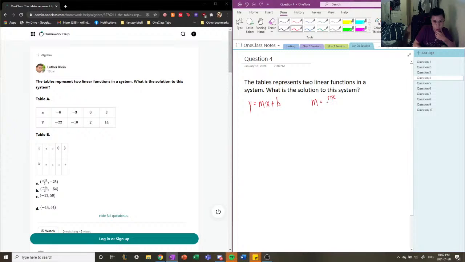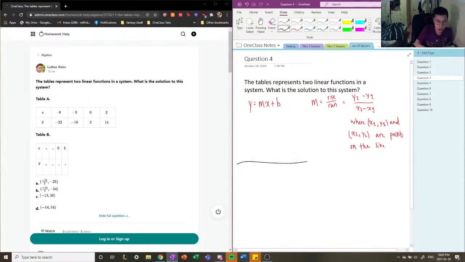That can also be equated to y2 minus y1 over x2 minus x1, where x1, y1 and x2, y2 are points on the line. So we're going to use these 2 equations to find our linear equations.